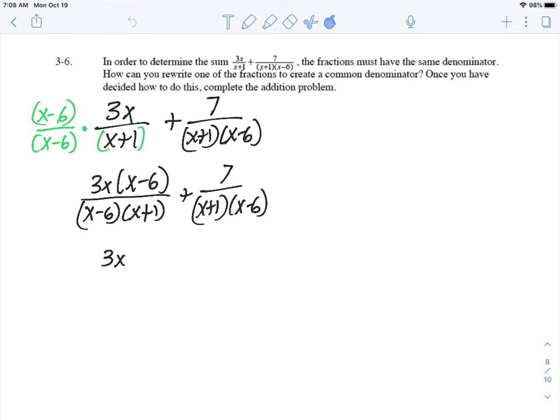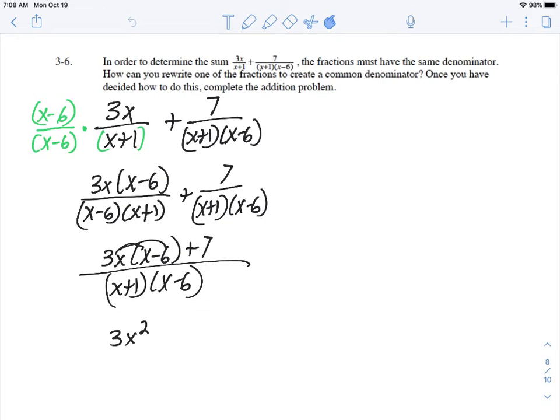So that's 3x times x minus 6 plus 7 over x plus 1 times x minus 6. Now let's clean that numerator up by distributing and then adding 7. So that's going to give me 3x squared minus 18x plus 7 over x plus 1 times x minus 6.